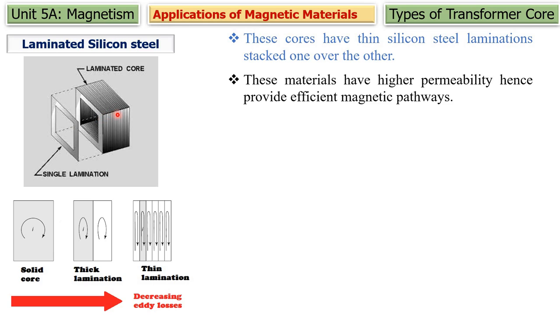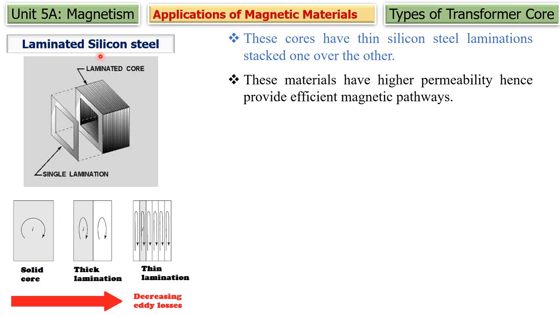Now in the last video lecture we discussed that to improve the efficiency of a transformer, eddy current losses should be reduced, and to minimize eddy current losses, a material with higher permeability and less conductivity is chosen for the transformer core. Now such a material, you know, is steel, because steel is a ferromagnetic material, so it has higher permeability.